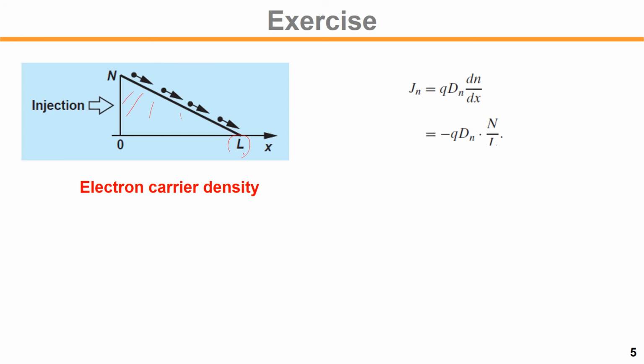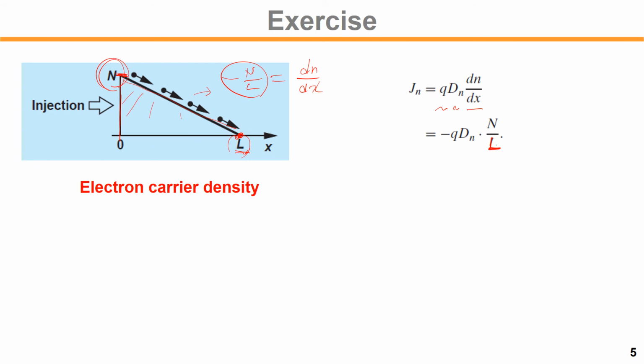So if the injection of the carrier is happening here, then the concentration at the boundary is, let's say, n, and at the end of the semiconductor, at position L, the concentration goes to 0, and then we can find the current density. The equation is Q Dn times dn over dx. So here the slope would be minus n over L, right? This is the dn over dx. So we plug that into the equation, and we get it like this, right?